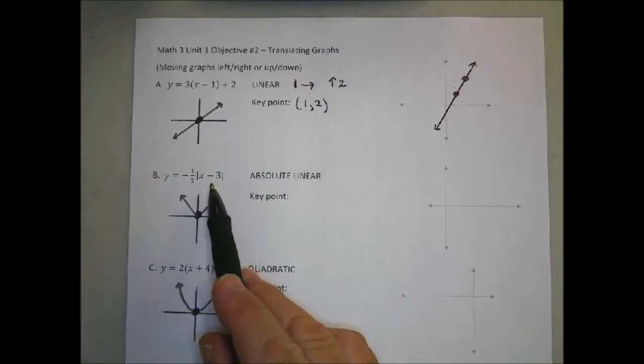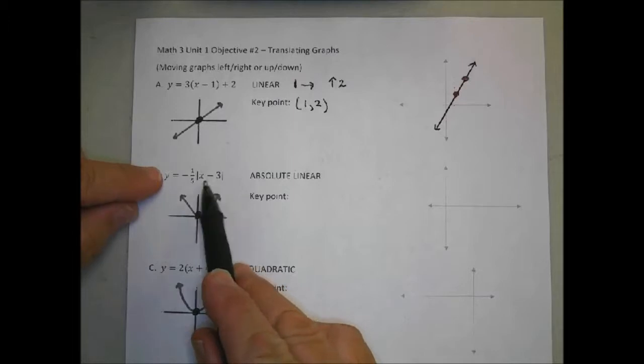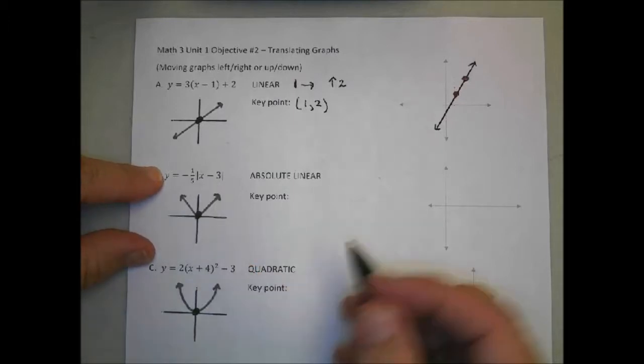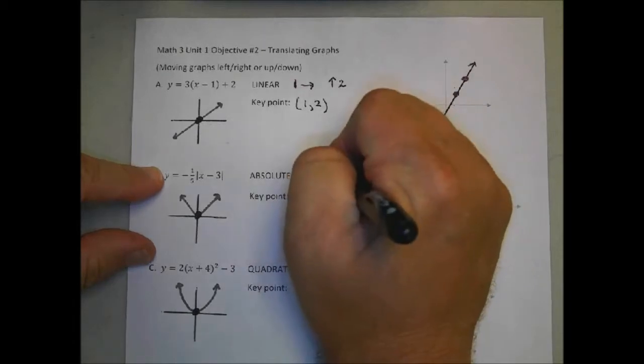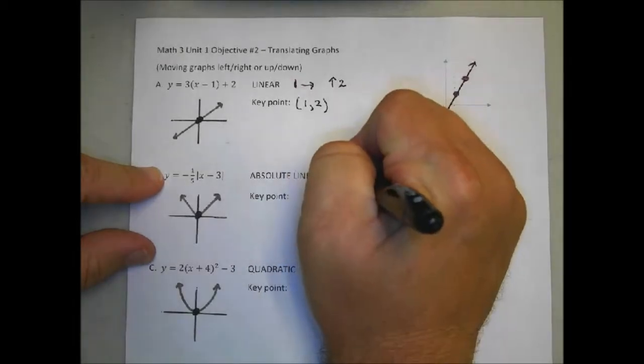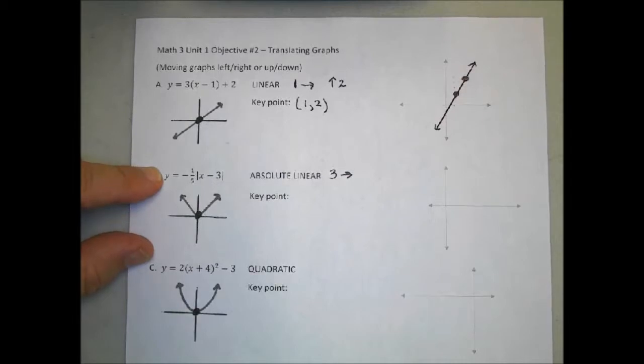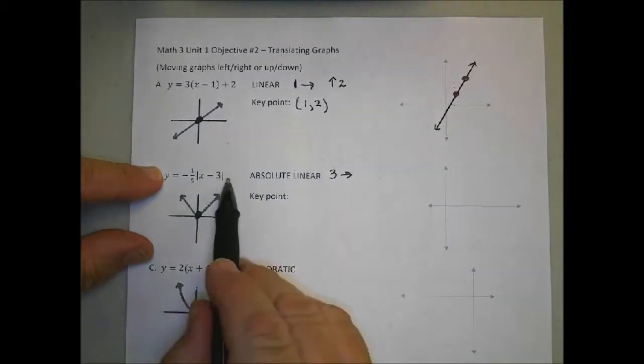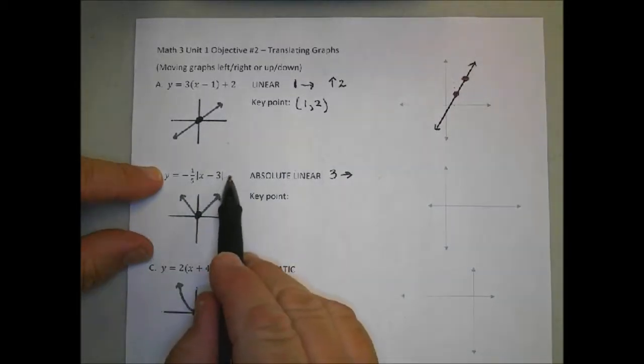And then again, what is this x - 3? What's this -3 doing directly with that x? Well, it's shifting the key point 3 units to the right, but there is no up or down shift because there's no plus or minus back here at the end of the equation.